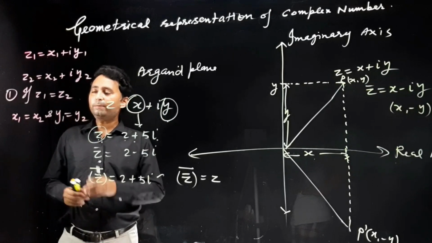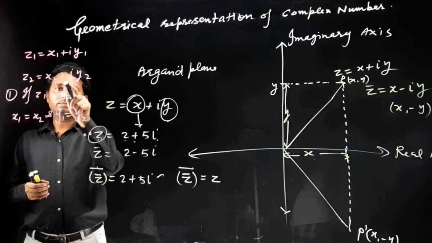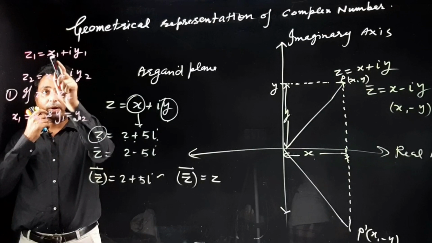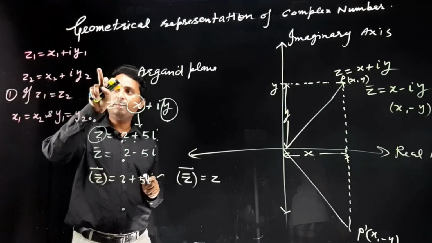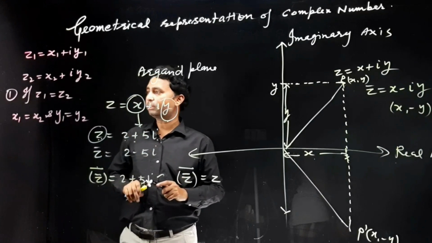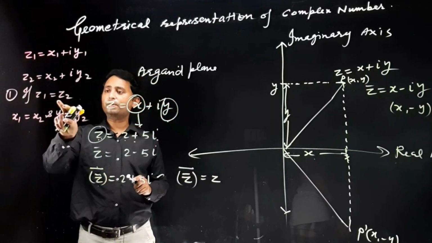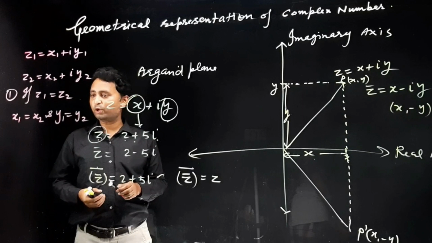Is it clear? If two complex numbers are equal, then their corresponding parts will be equal, meaning the real part will be equal to the real part and the imaginary part will be equal to the imaginary part.